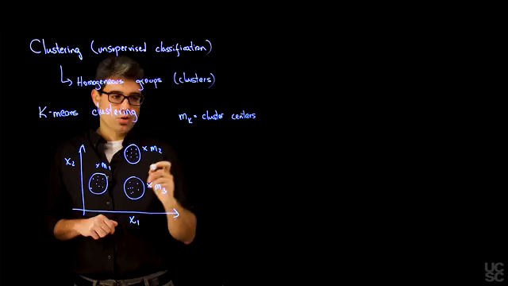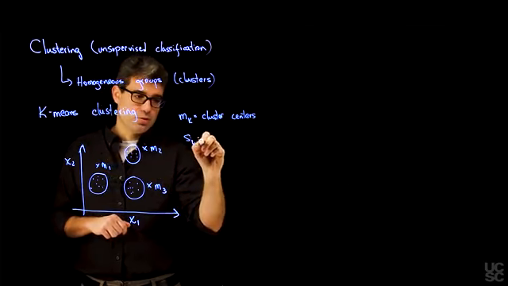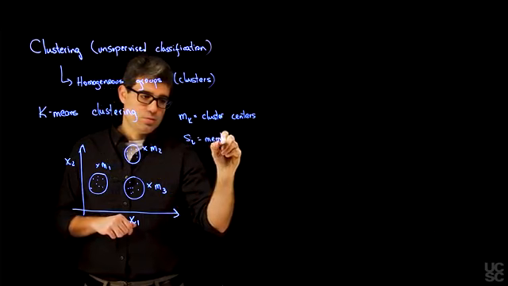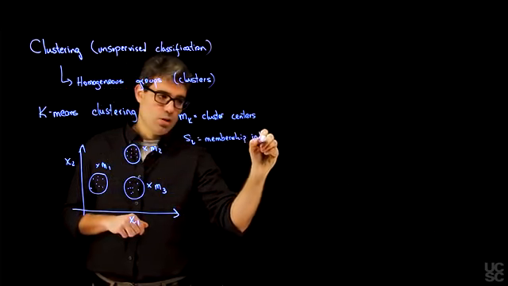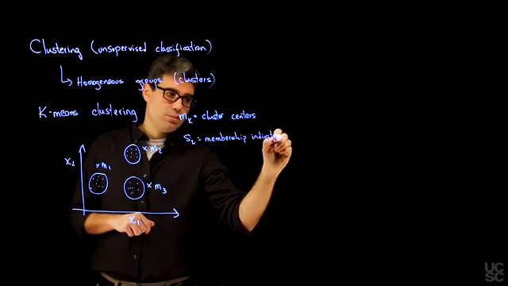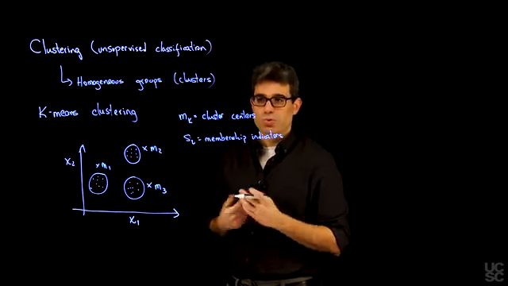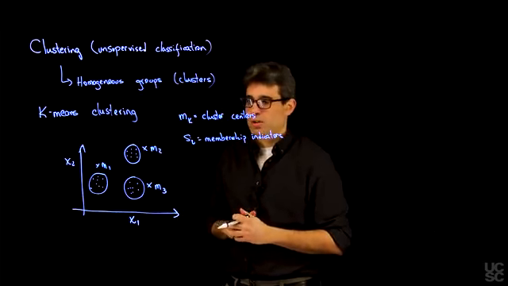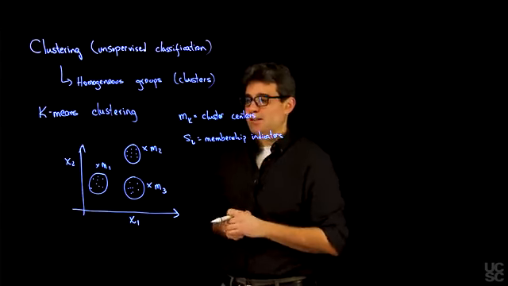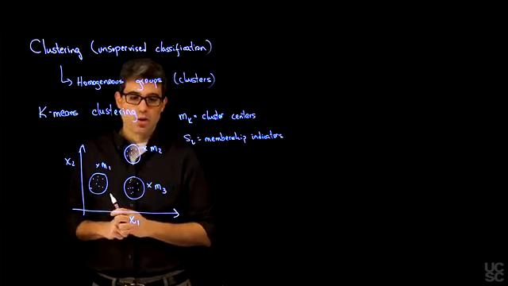And then you're going to have some membership indicators, S sub i, that are very similar to the C sub i's that we had used both to derive the EM algorithm and the MCMC algorithm for fitting mixture models. These S sub i just tell me to which cluster each observation belongs.